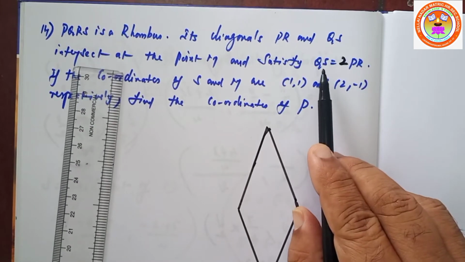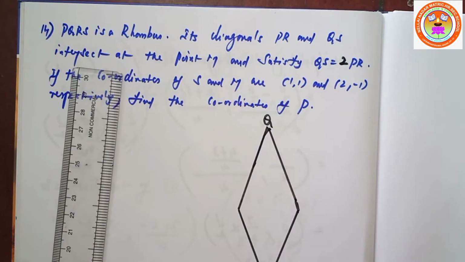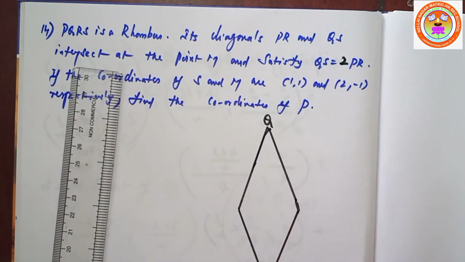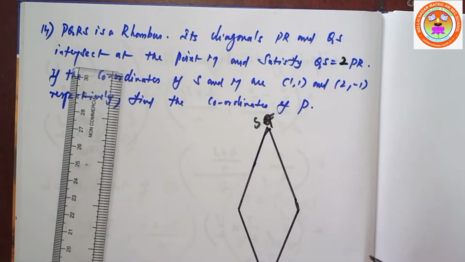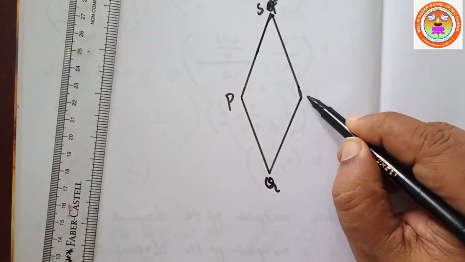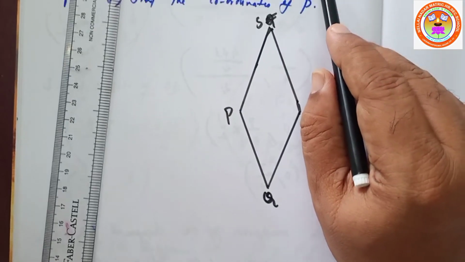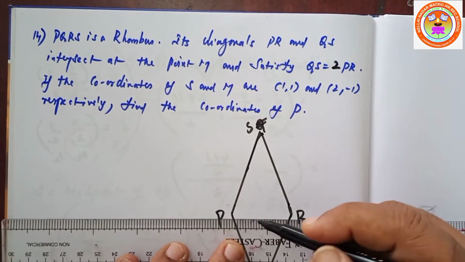So QS is greater in length. So here Q, here S. Which one is greater in length? QS. QS equals double PR. So you have to draw the diagram like this.